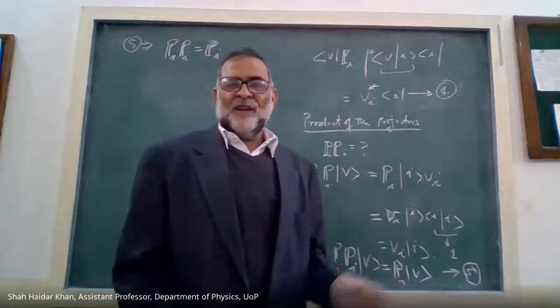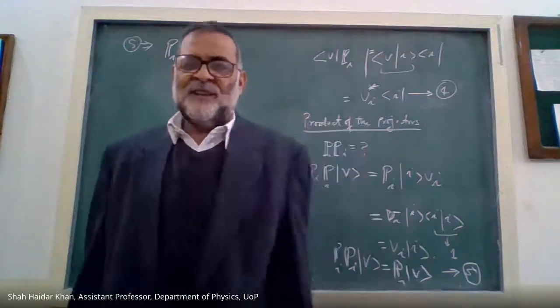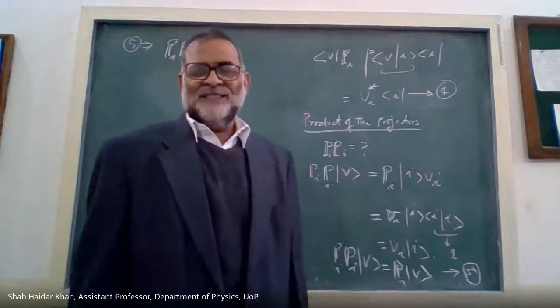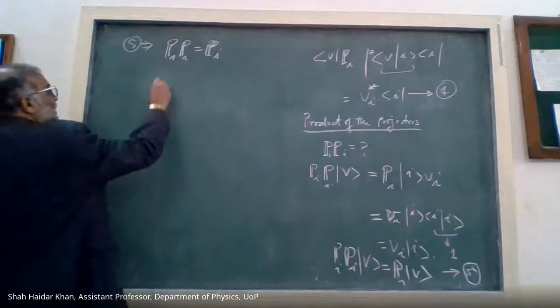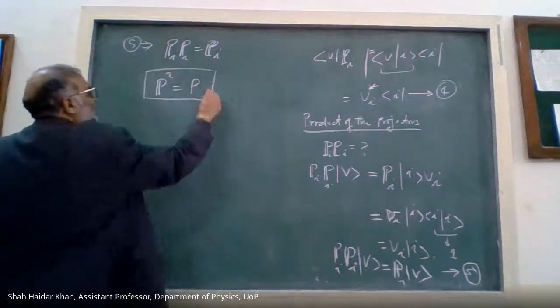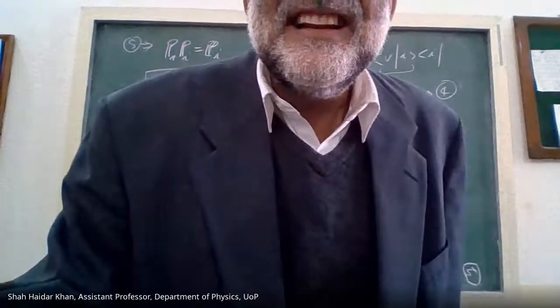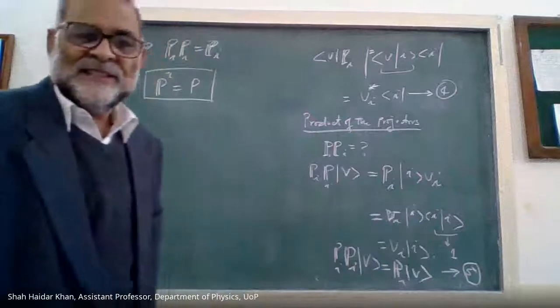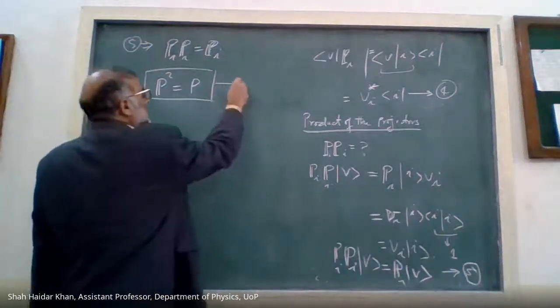So the action of two P_i is equal to the action of a single P_i. In general, I will say P squared is equal to P.